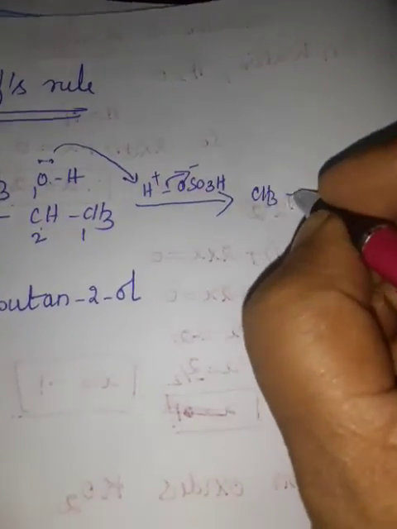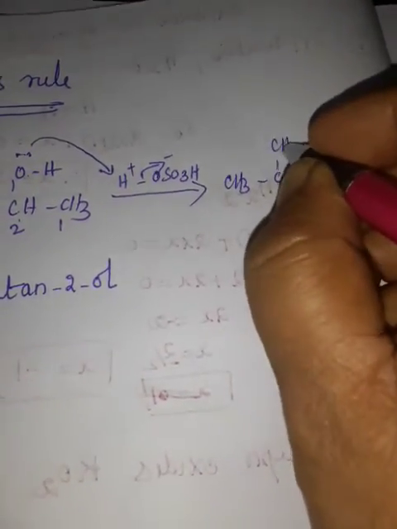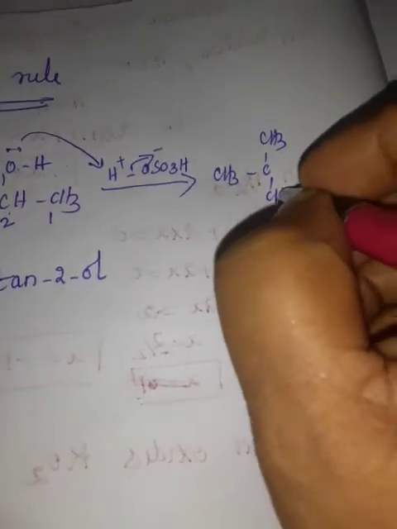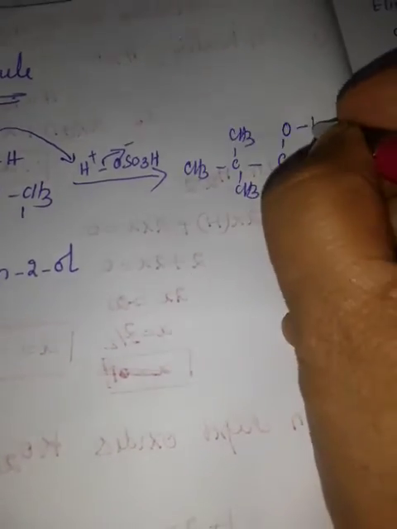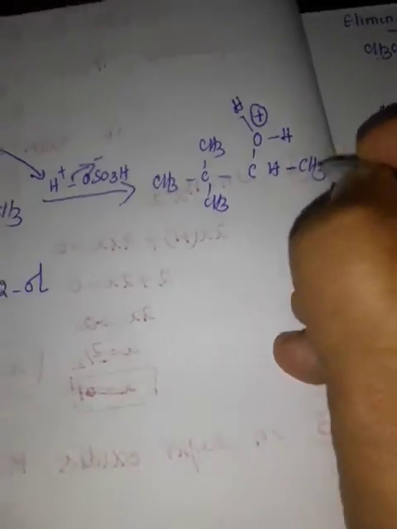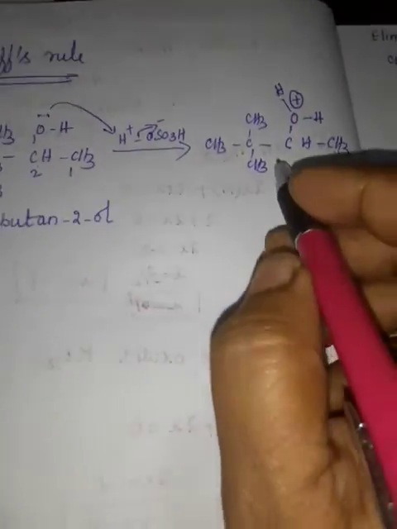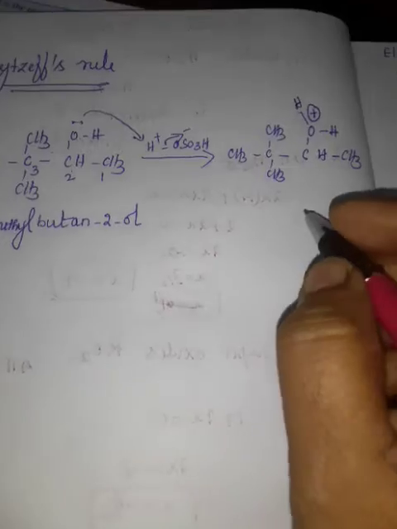So CH3, C, CH3, CH3, CH, O, already one hydrogen atom present. Now one more hydrogen is added from sulfuric acid, CH, CH3. This is a primary carbocation.